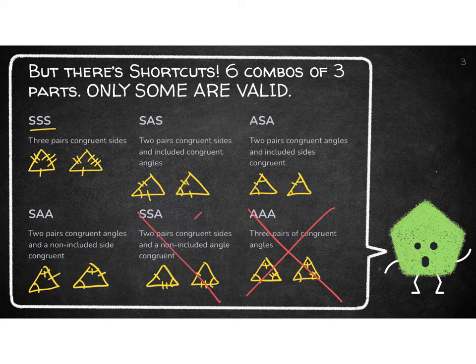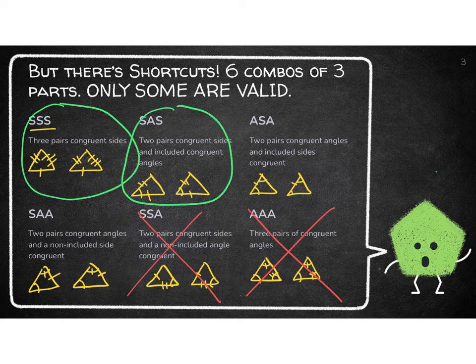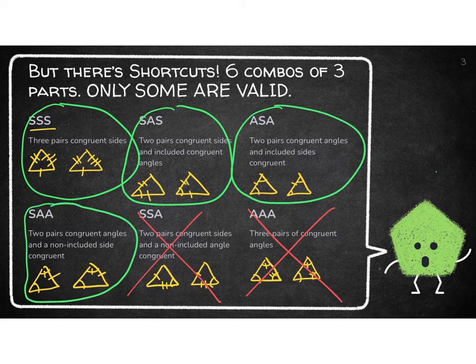Side, side, angle is not valid. The rest of them, side, side, side; side, angle, side; angle, side, angle; and side, angle, angle are all valid arguments to prove that two triangles are congruent. So these 4 shortcuts work. These 4 shortcuts are valid, and we're going to use those now with some practice.